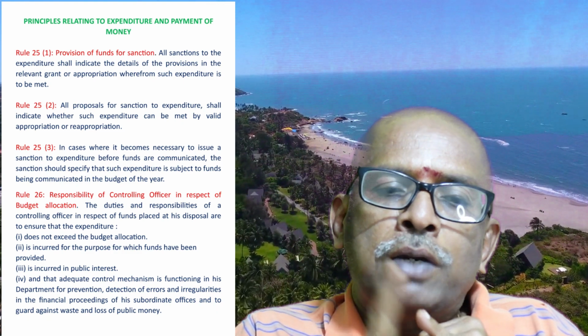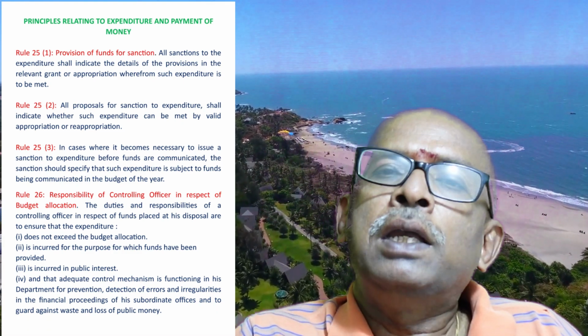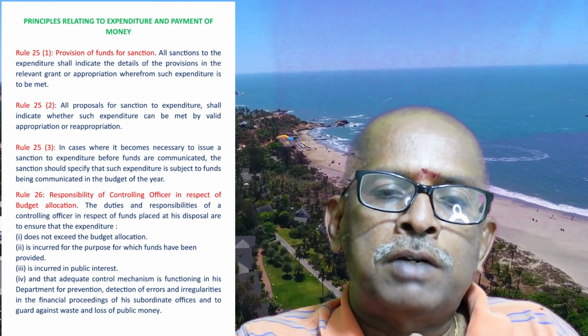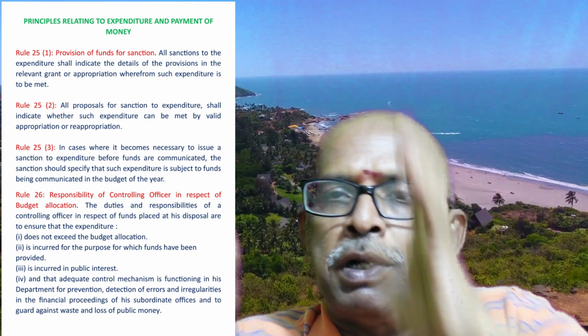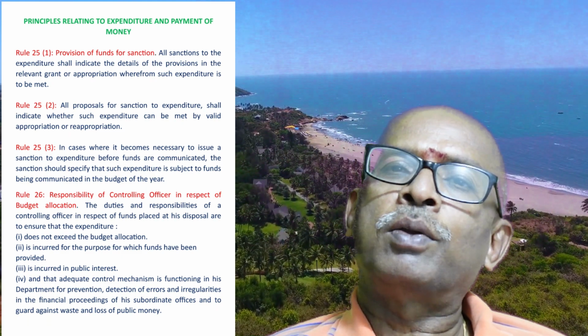So the controlling officer should ensure that the expenditure does not exceed the budget allocation. The expenditure is incurred for the purpose for which funds have been provided. You collect fund for some reason, but you can't spend for something else. It is wrong.